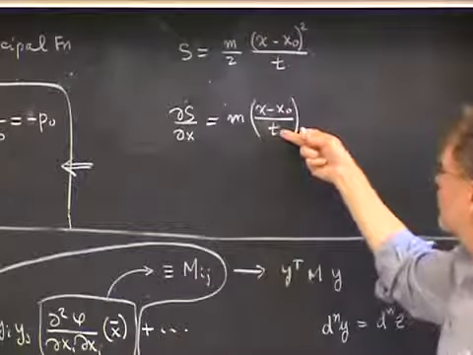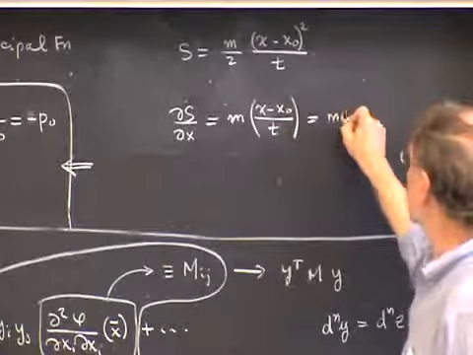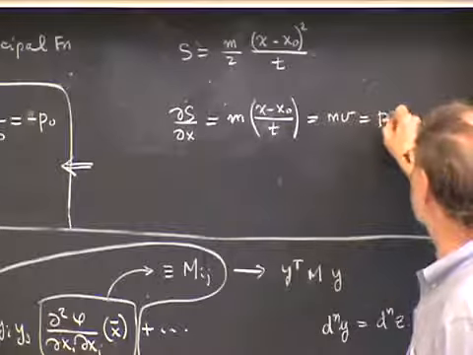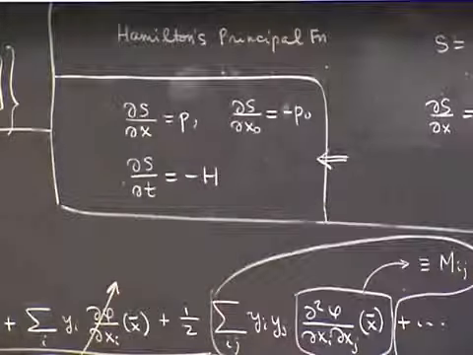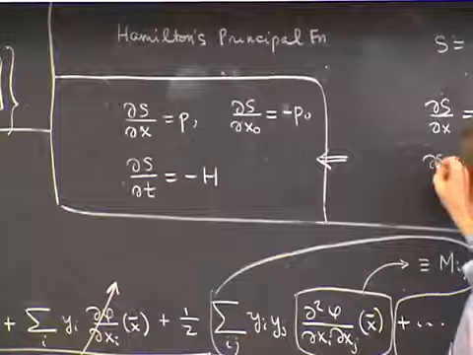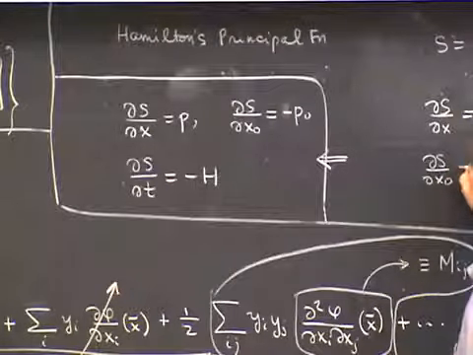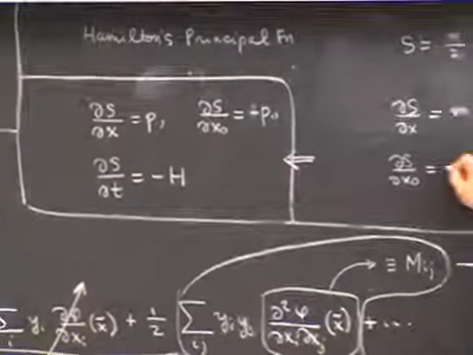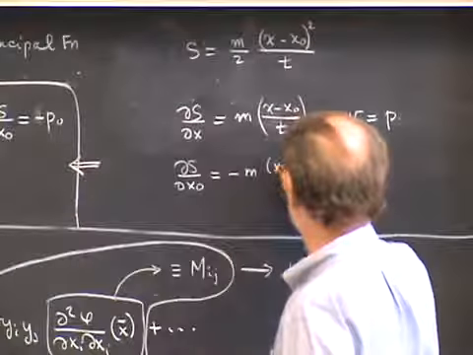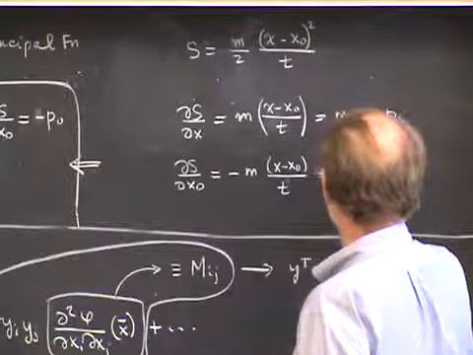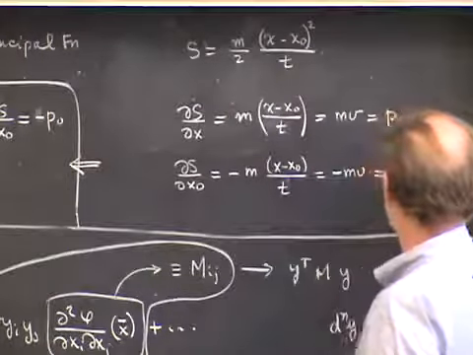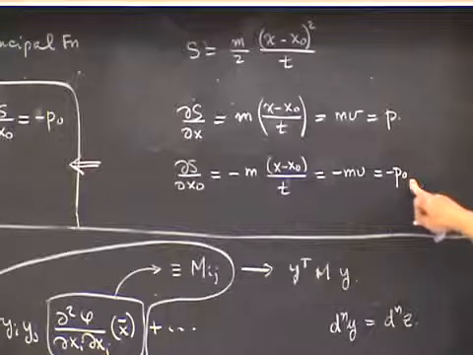But (x minus x0) over t is the velocity, so it's the mass times the velocity, and is therefore equal to the momentum at the final endpoint, which is just what Hamilton says. Let's take dS/dx0, differentiating with respect to the initial position. Now there's a minus sign that comes in: minus m (x minus x0) over t, which is equal to minus mv, which is minus the momentum at the initial point.